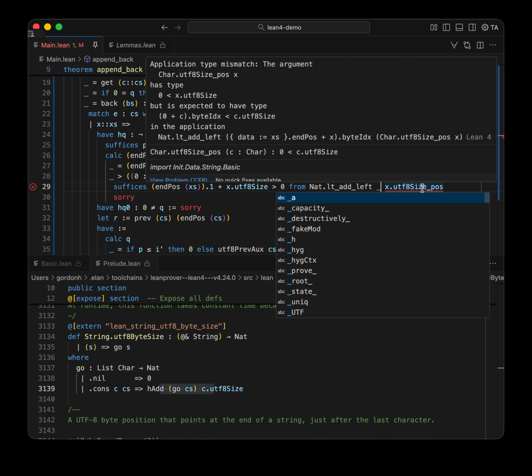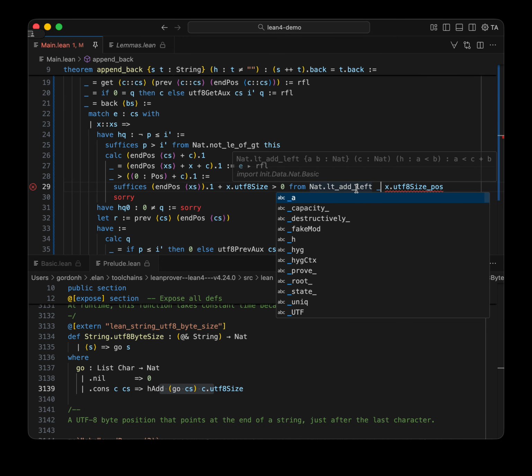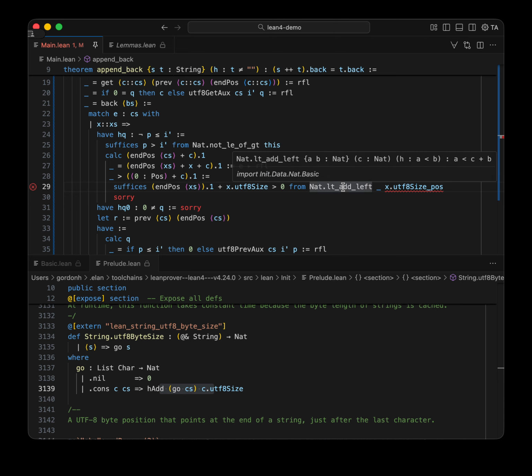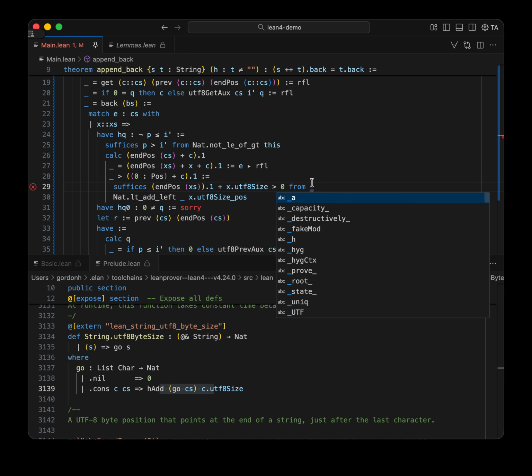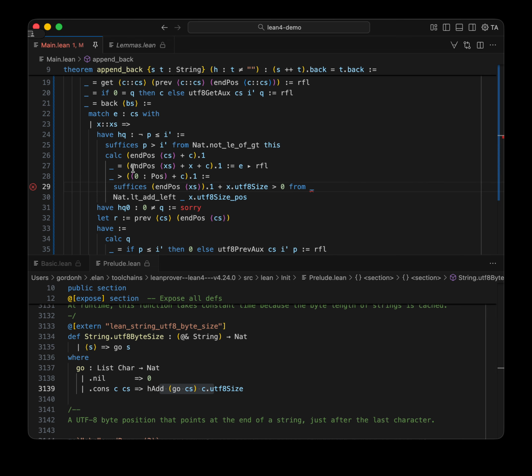Then why is it not? Wait a second. Oh, no. What I'm doing is proving this. Suffice, so I have to construct this inequality from this. Okay, I get it.